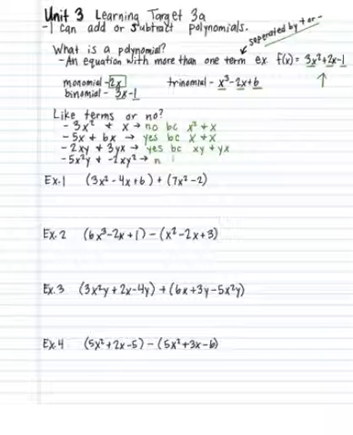These would not be because x squared y and xy squared are not the same. You do have the same variables, but your exponents are in different spots. Or the exponents for the first one don't match the exponents for the next one. So the reason why we need to know what terms are is because we can only add or subtract like terms.